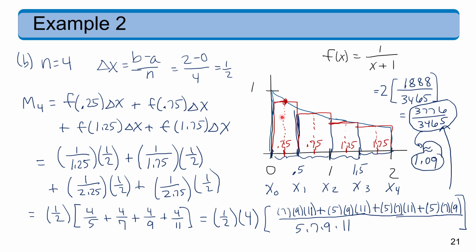And you can see the area we're looking for is definitely less than 2, and the number we found is obviously less than 2, so at least it seems somewhat reasonable. And we know that the answer we got here in part B for our approximation is most likely more close to the true area than what we found in A, because we only used 2 rectangles in part A.